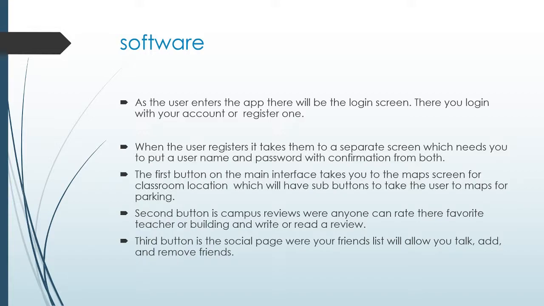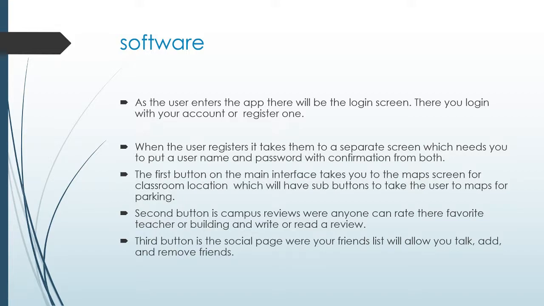This will also have a sub button for parking and bus routes, if we can get that possible, but there's no guarantee at the moment. Now, the second button is campus reviews, where anybody can rate their favorite teacher or their favorite building, and write and read a review on it from other people, and this will obviously be out of 5 stars.